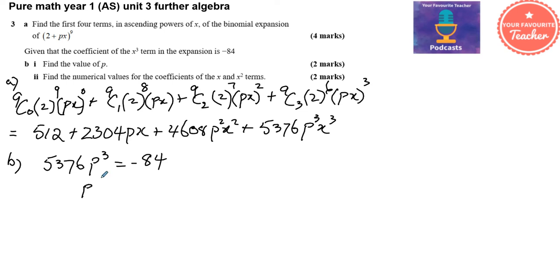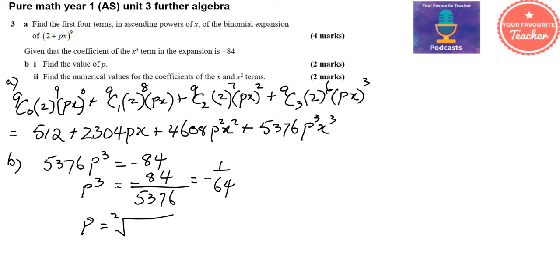We get p cubed is equal to minus 84 divided by 5376, which simplifies to minus 1 over 64, and therefore p is the cube root of minus 1 over 64, which is minus a quarter. So that's the first part of the B.